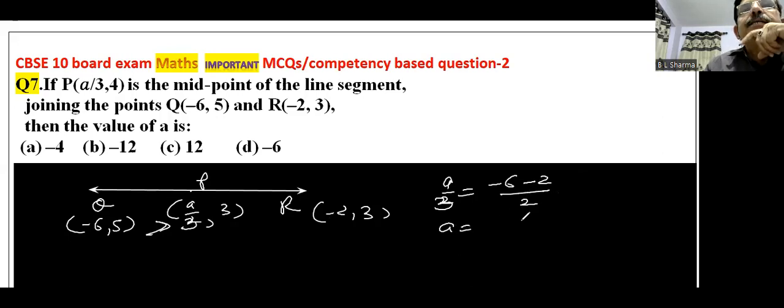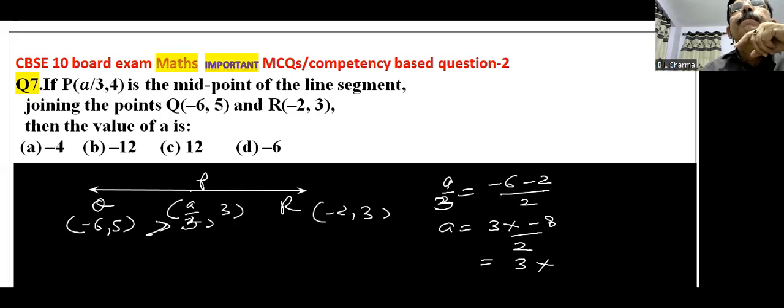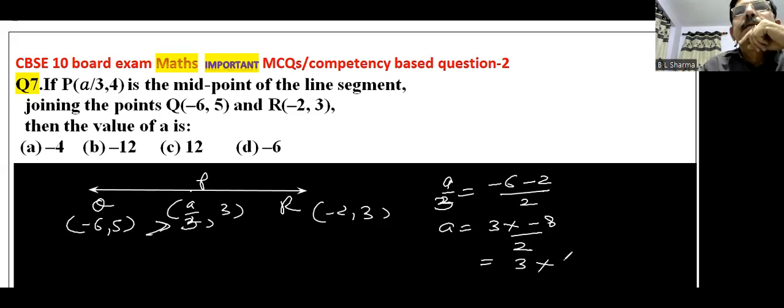So a is equal to 3 into -8 by 2, that is 3 into -4, so that is -12. Therefore, the value of a will be -12 and B is the correct option.